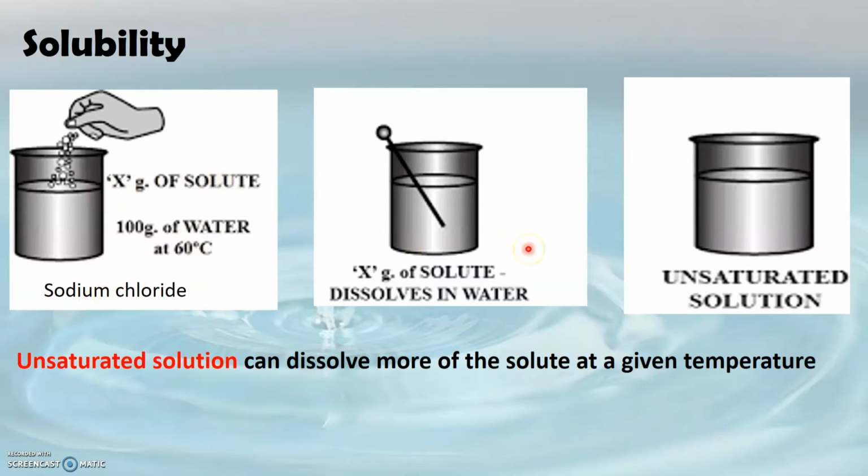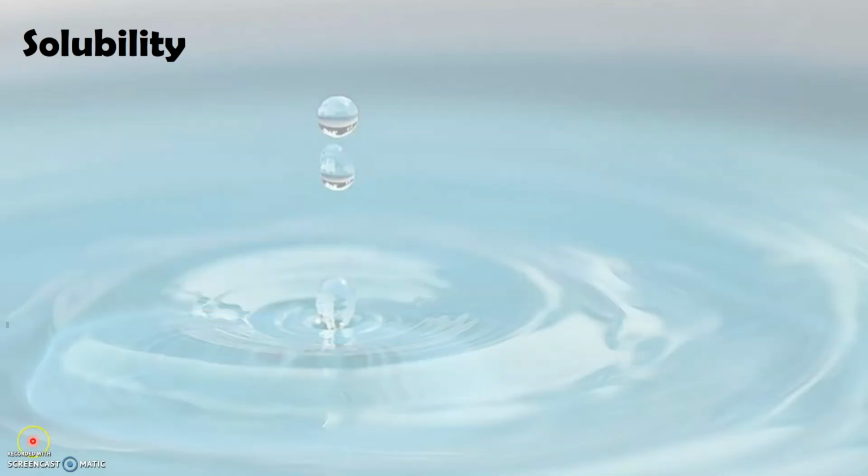Now when we added more solute, we observe that the additional solute also dissolves in the solvent water. So what we finally got is an unsaturated solution. An unsaturated solution can dissolve more of the solute at a given temperature.